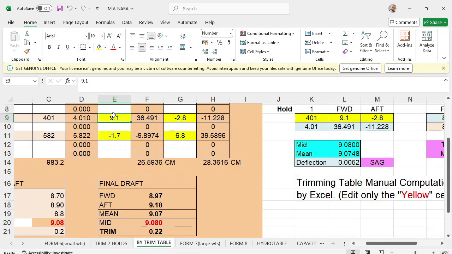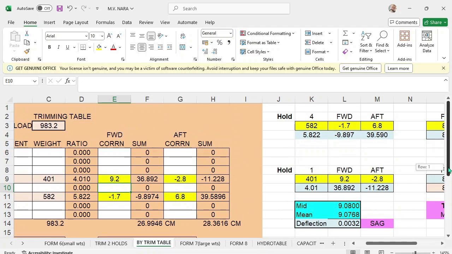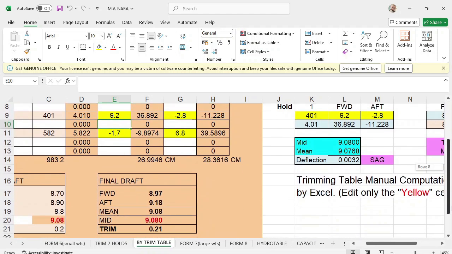So forward, we will adjust this one. Put this to 9.2. There. No change. Doesn't change.